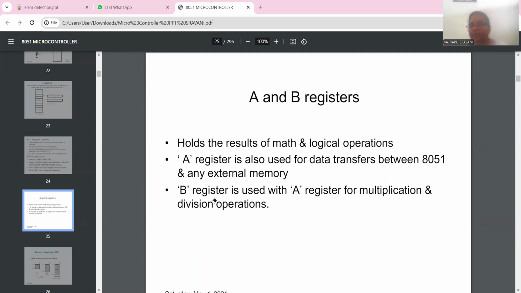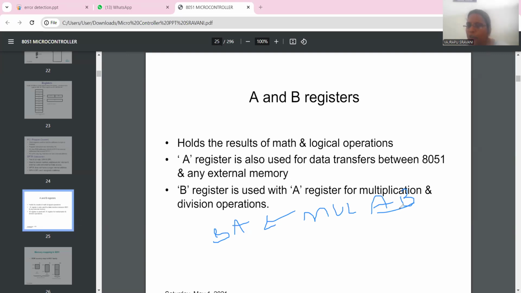The B register is also an 8-bit register, and A is also an 8-bit register. The B register is used for multiplication as well as division. For example, when we multiply with MUL AB, A is an 8-bit register and B is also an 8-bit register.